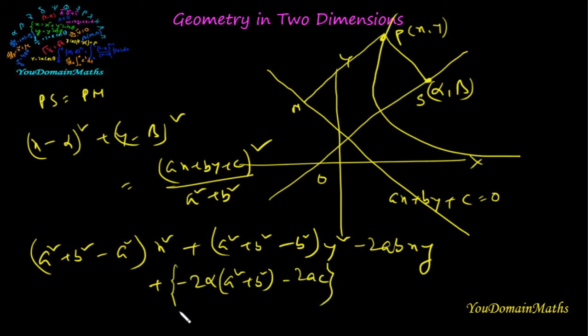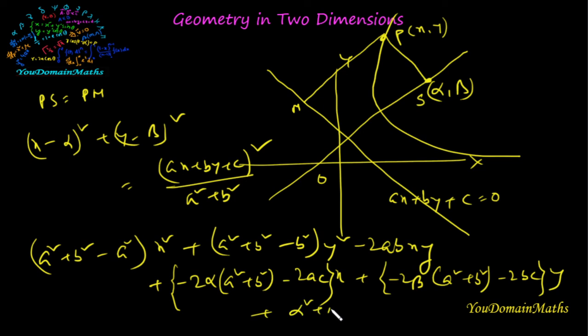This is the coefficient of x, and similarly the coefficient of y is minus 2 beta (a square plus b square) minus 2bc. This is the coefficient of y, and the constant term is alpha square plus beta square minus c square equal to 0. This is also a parabola equation, and so interesting.